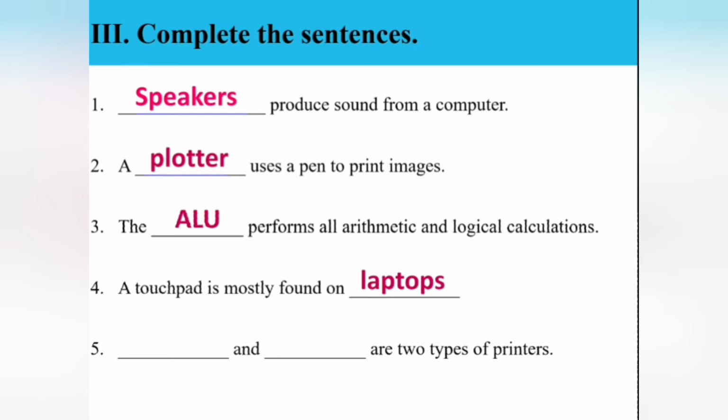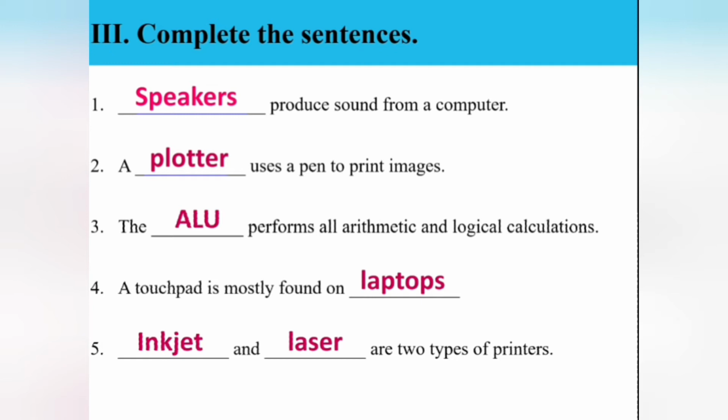Here I have given only two dashes, so you have to use any two printer names. I have used inkjet and laser. Inkjet and laser are two types of printer.